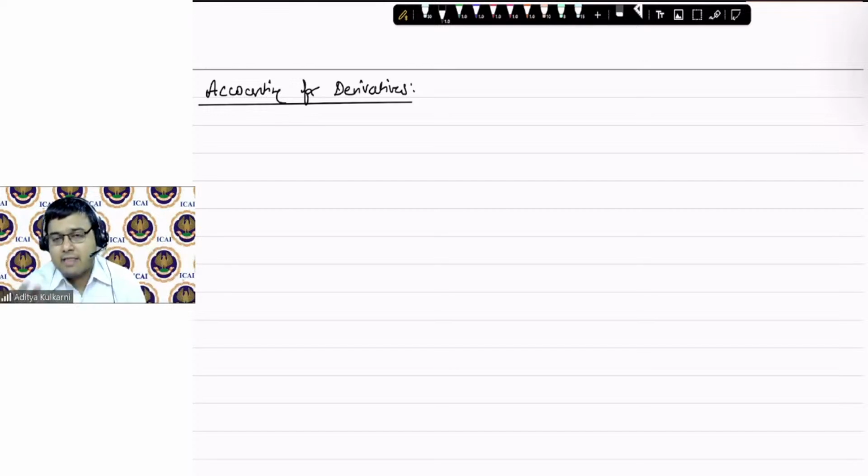So these are the three conditions that have to be met before classifying an instrument as a derivative. Anything else, it cannot be a derivative. So when we do the accounting, the first step will be identifying whether it becomes a derivative. Then we proceed to discuss embedded derivatives, split accounting, etc.